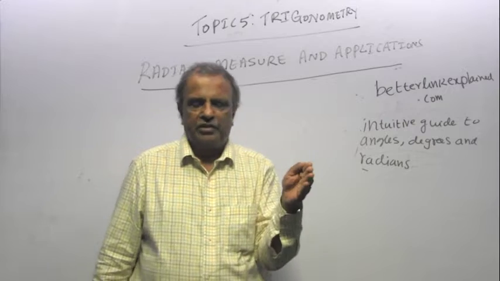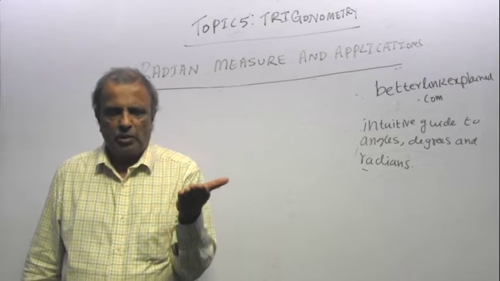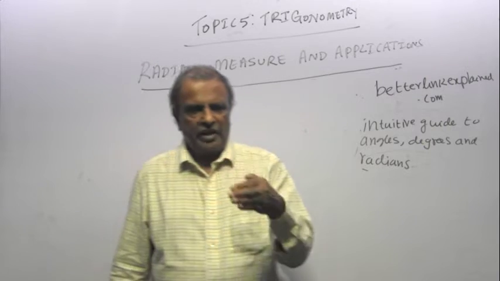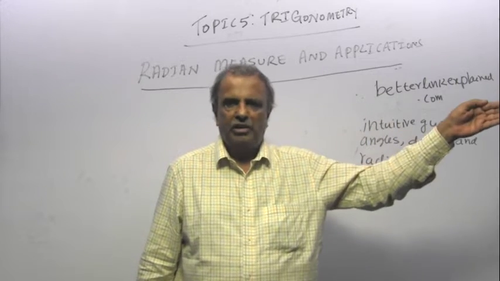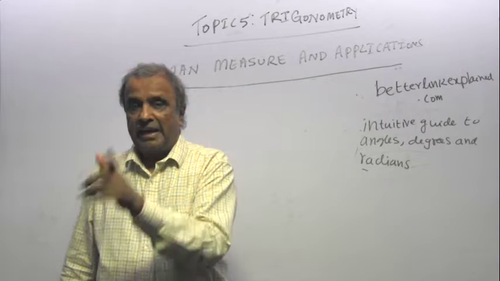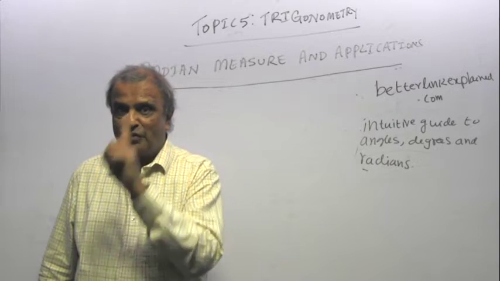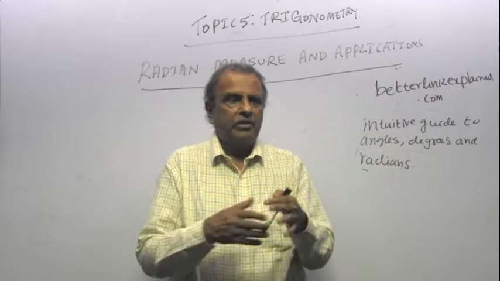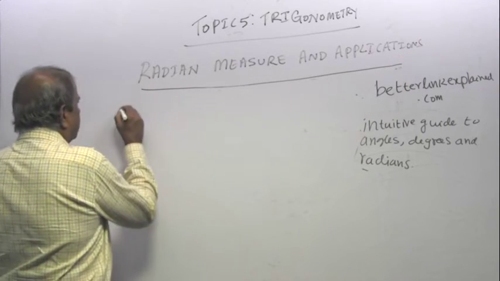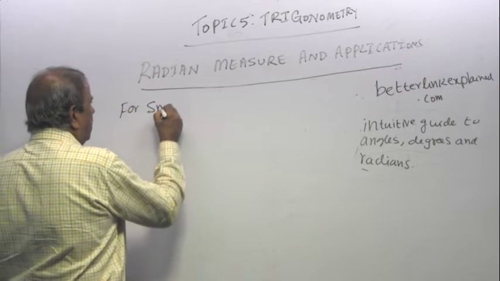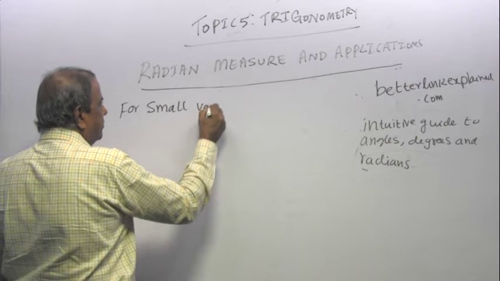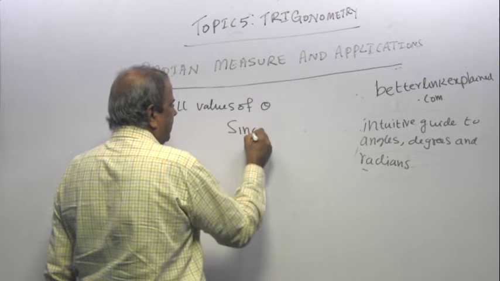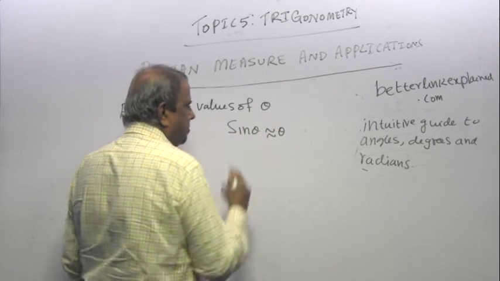For example, sine of 0.1 is roughly 0.1, sine of 0.01 is roughly 0.01, sine of 0.000001, if you find in radians, not in degrees, change the mode of your calculator to radians, you get approximately 0.000001. So in other words, for small values of theta, sine theta is approximately theta.